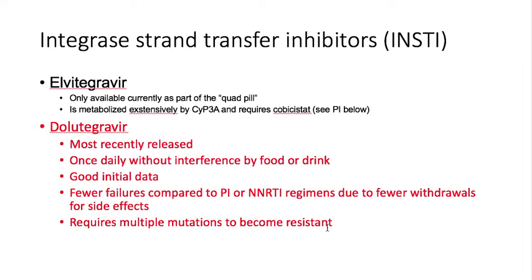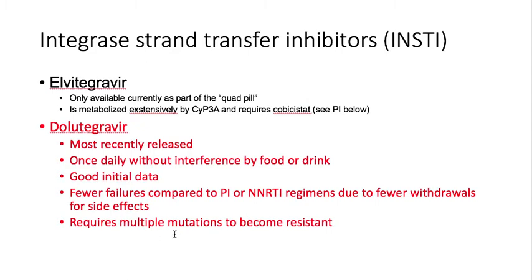The reason why this is important is that, as I told you with the nucleoside agents, where a single nucleotide change can confer resistance, what we're trying to do in combination therapy is force the virus to have multiple nucleotide modifications to occur simultaneously to develop resistance to multiple drugs.